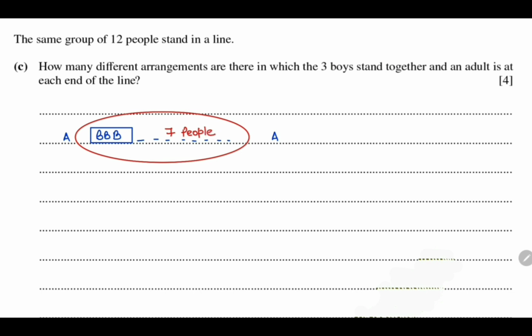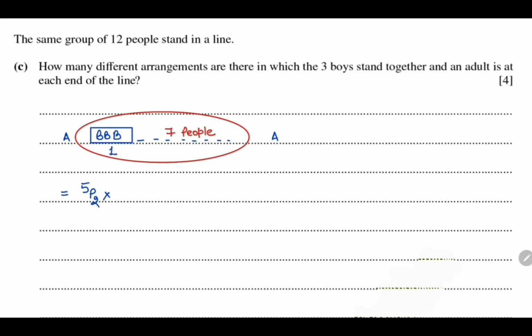These 2 adults at the extreme ends can be chosen in 5C2 ways, but these 2 adults can also interchange position. So I will not take 5C2, I will take 5P2. And for the 7 people, we can consider the 3 boys as one object or one person.